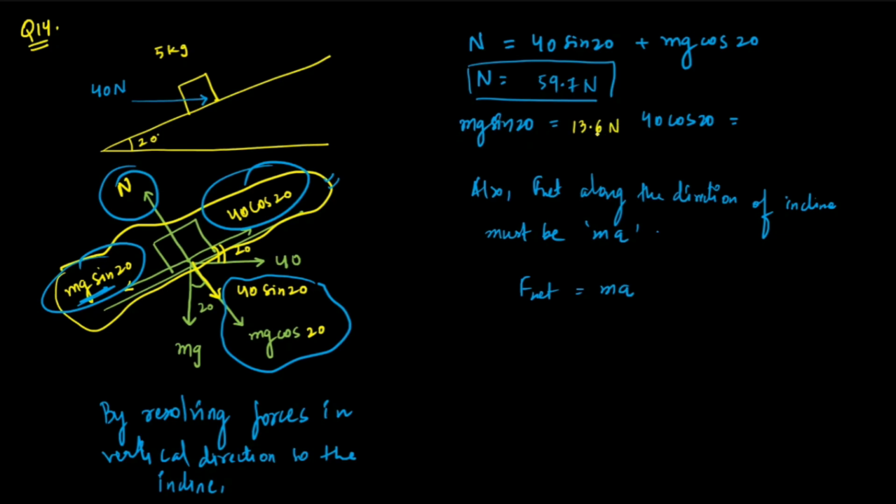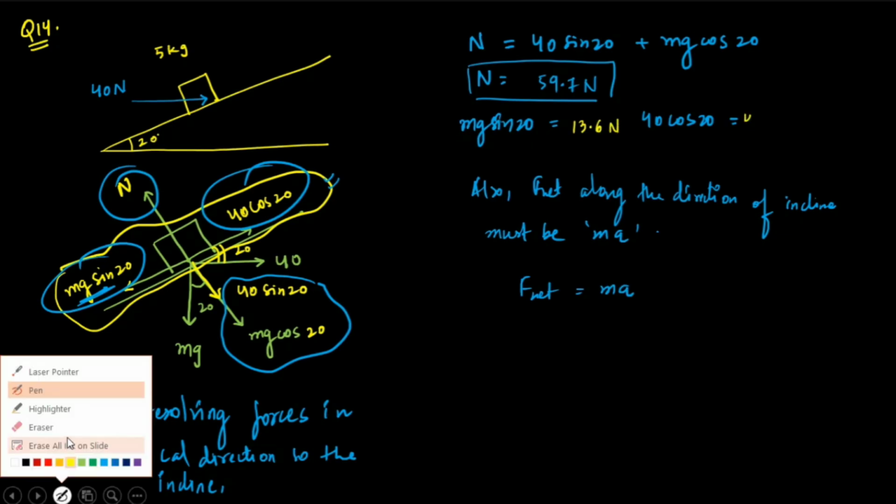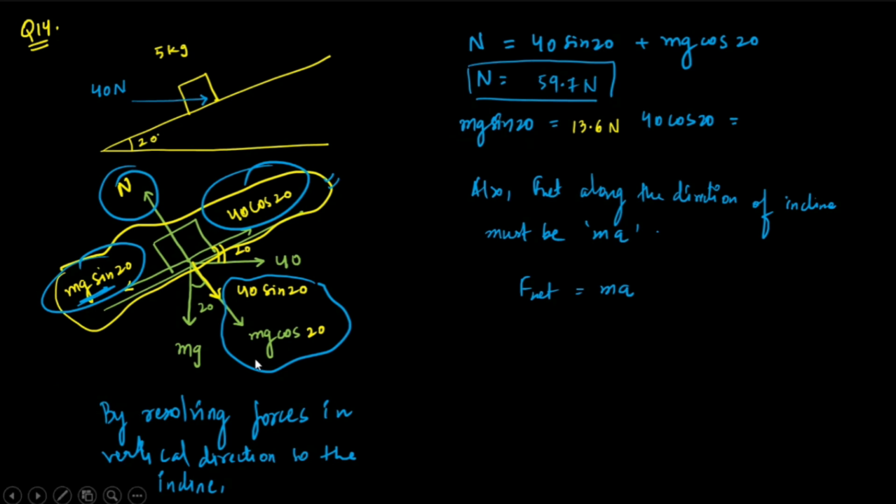And 40 cos 20, it cannot be more than 40. It is 37.5 or 37.6. Okay, 37.6.